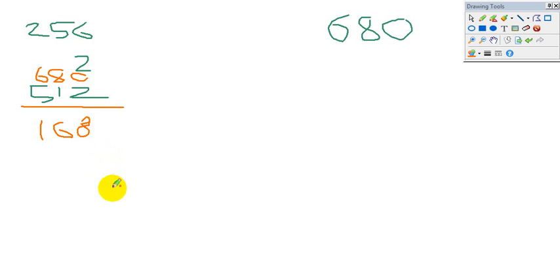Now, what did we do in the first example? Well, we know that 16 will obviously go into this number. So we're going to see how many times 16 will go into the number we were left with, 168. Now this is dead easy. We can tell straight away that 10 times 16 is 160.